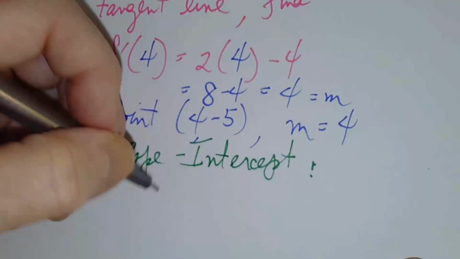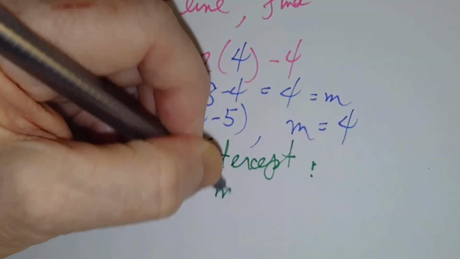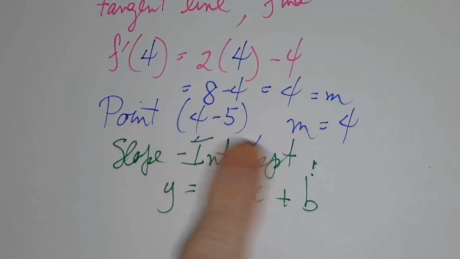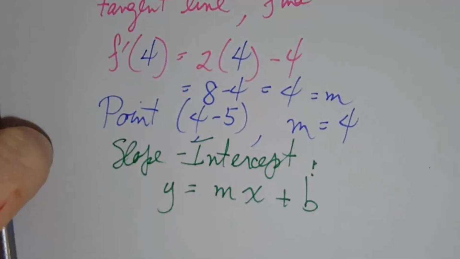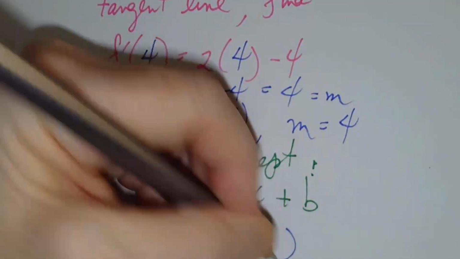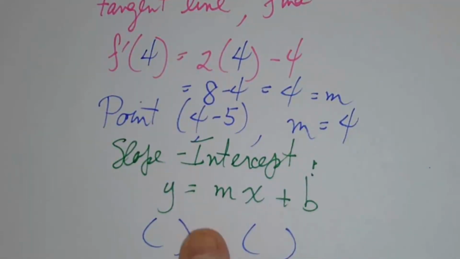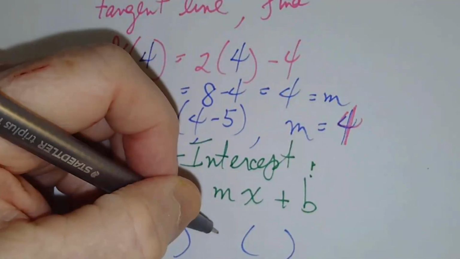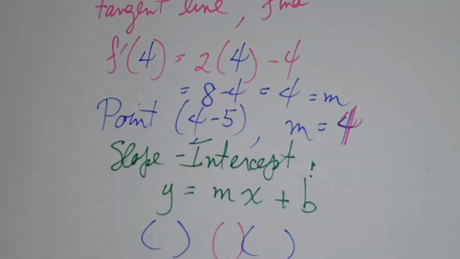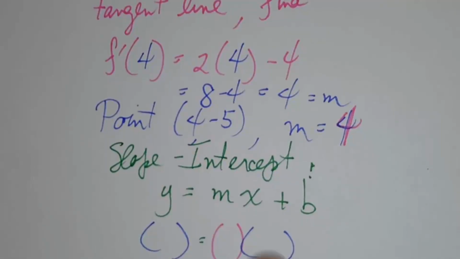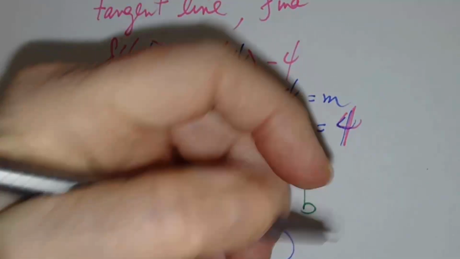So that is y is equal to mx plus b. The point is my x, y. The m is the slope, and I'm going to change its color to this, whatever it is, pink. And then the equation: y is equal to the slope times x plus b.